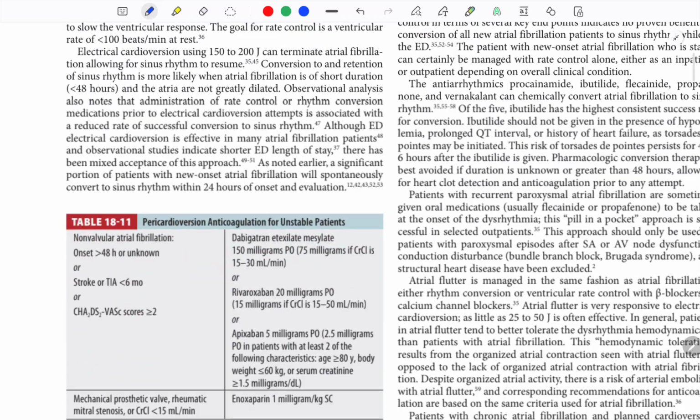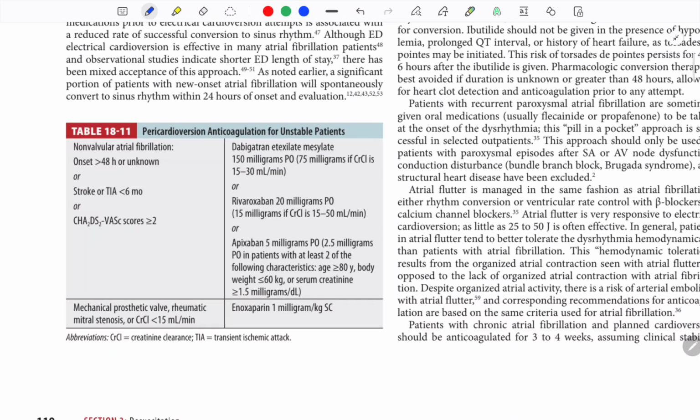So what are the peri-cardioversion anticoagulation options we will use? We will divide it into valvular AF and non-valvular AF. If the patient has non-valvular AF and the onset of AF is more than 48 hours or unknown, or the patient has had a stroke or transient ischemic attack in less than 6 months, or the CHA2DS2-VASc score is more than or equal to 2, we will use novel oral anticoagulants like apixaban, rivaroxaban, dabigatran.